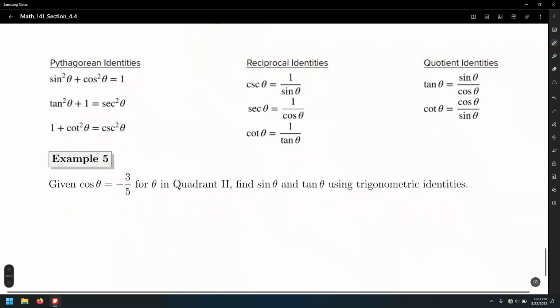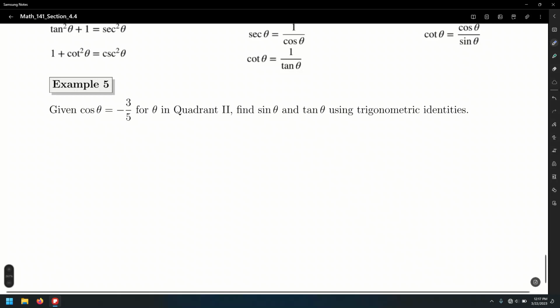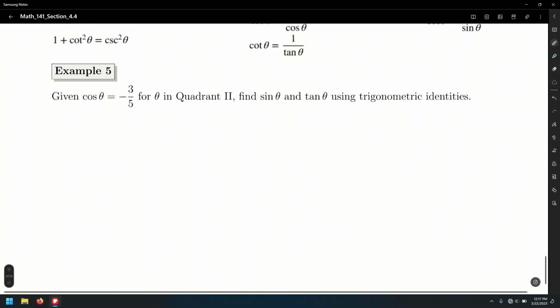We are given cosine theta equals negative 3/5 in quadrant 2. So in this case, they're explicitly telling us quadrant 2. They're not telling us like cosine greater than 0 or the like. And they're asking us to find sine and tangent using trigonometric functions.